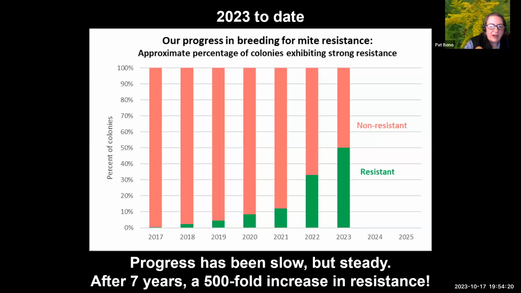Randy, it looks like the percentage of resistant colonies has roughly doubled from 2021 to 2022, and similarly from 2022 to 2023. Why do you think the resistant percentage has increased so much compared to the 2017 to 2021 timeframe? Because of the proportion.